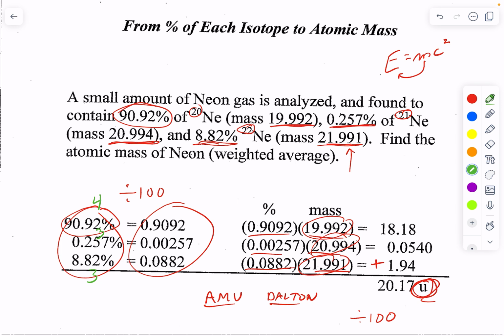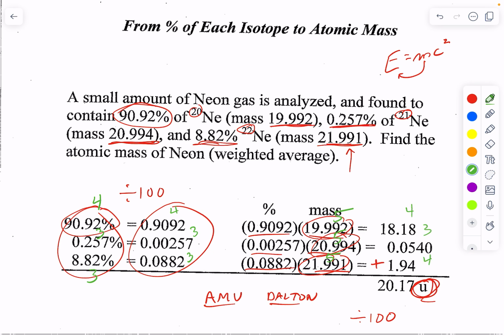Notice now then I have 4 significant digits there when I divide by 100, because 100 is an exact number by definition. 3 significant digits, by the way, some people use significant figures, and 3 significant figures here. Now I'm multiplying by 5 significant figures, 5 significant figures, 5 significant figures, so I have to round off to the least number of significant figures, which is 4 and 3 and 4.